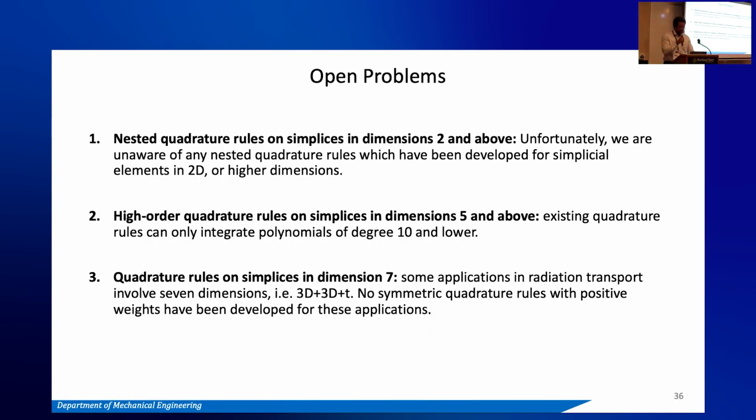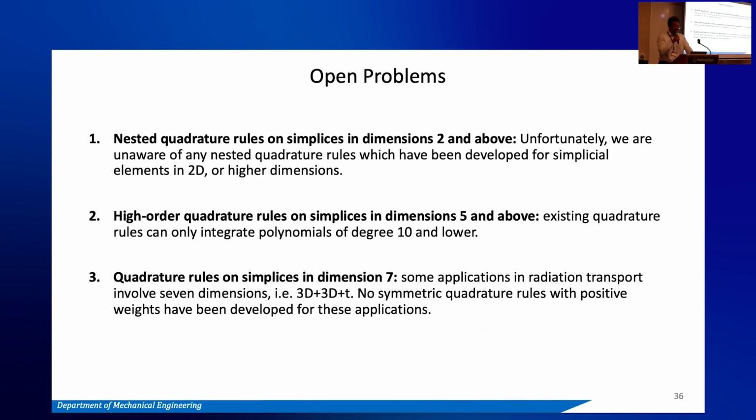So here are some things for people in the room who have time and money. The first thing is to try to come up with some nested quadrature rules on simplices in basically any dimension that's not 1D, so dimension 2 and above. The second thing is we need higher order quadrature rules on simplices in dimensions 5 and above. The rules right now just end at degree 10, and for rational functions, degree 10 is not very good in some cases.